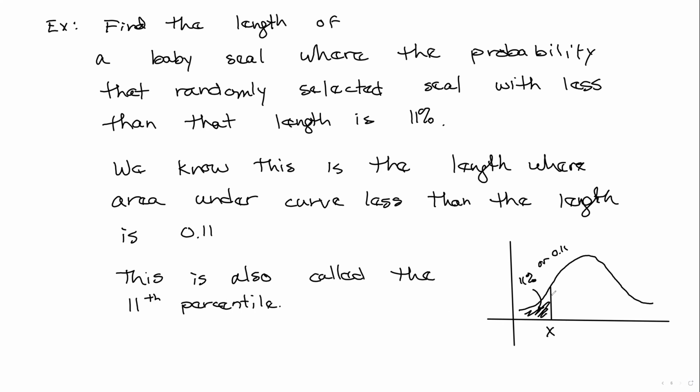If you've got a mark on your distribution that separates the bottom 11% of the data from the top 89% of the data, that's called the 11th percentile.